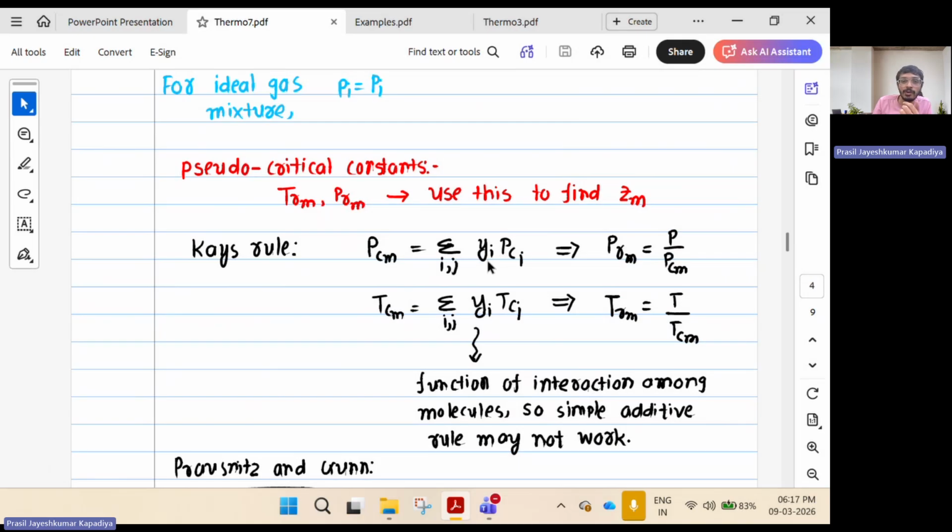So whatever components I have, I have to do y1 PC1 plus y2 PC2. It will give me the mixture critical pressure, and when I want to find a reduced pressure, it is nothing but system pressure P divided by whatever mixture critical pressure I am finding from Kay's rule.